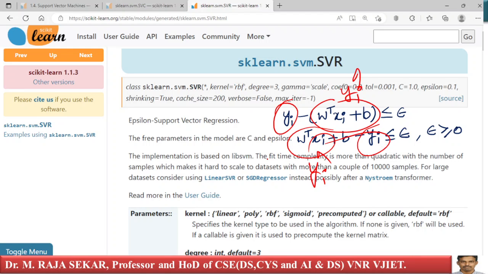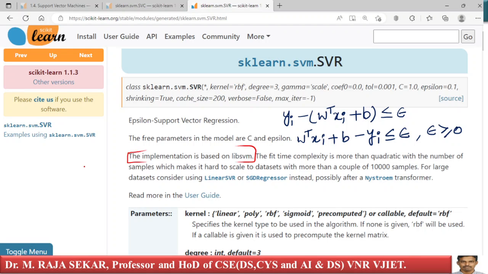There is one more very important point. I told you earlier about the best library. What is this best library? The best library for support vector machines is libsvm. Just see, the implementation is based on libsvm.